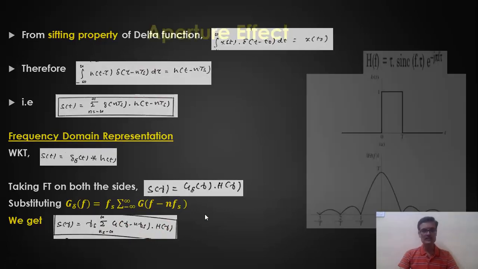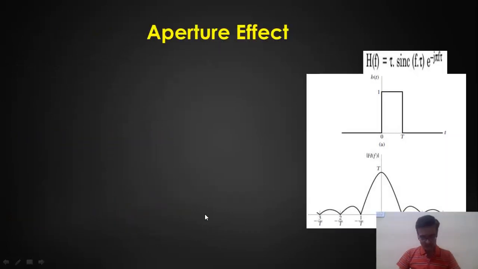Now, when we go to a flat top sampled version, or consider rectangular pulses as sampling signals instead of instantaneous pulses, we face a problem called the aperture effect. This effect appears in practical sampling methods.